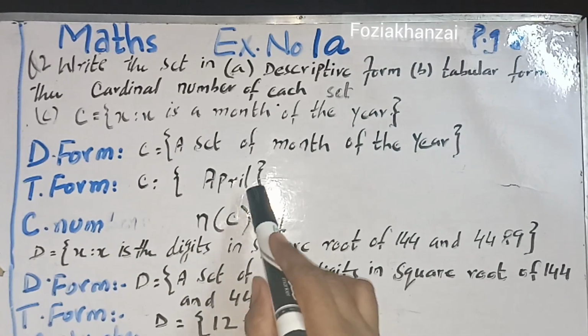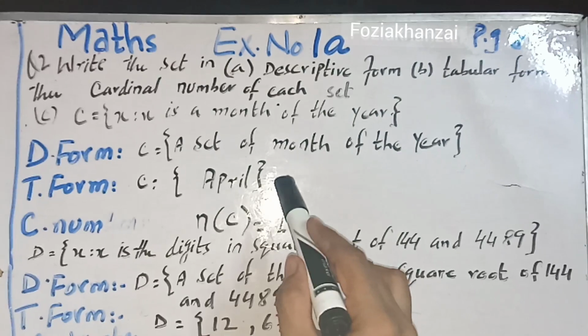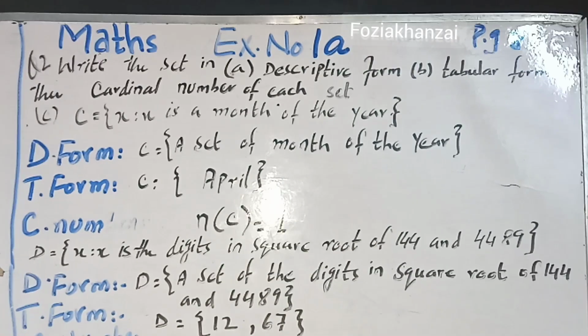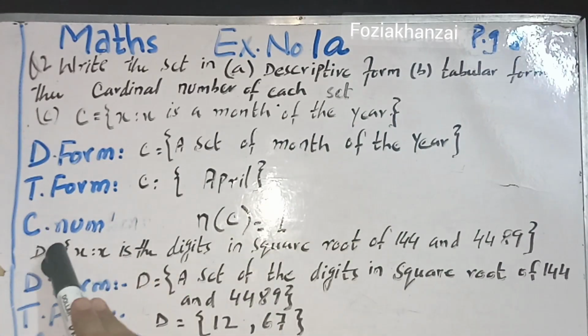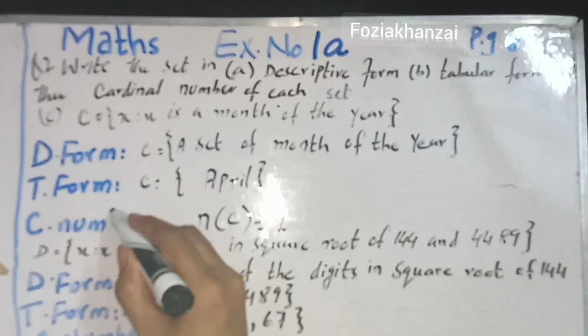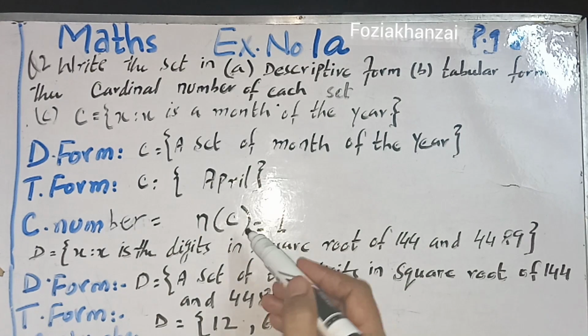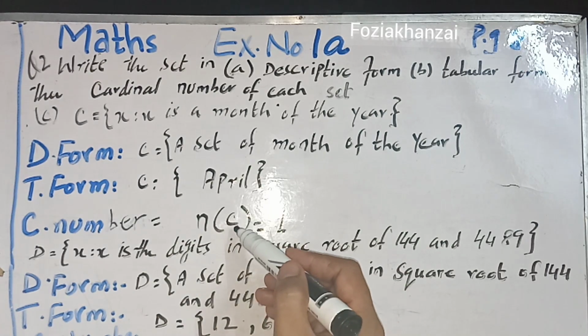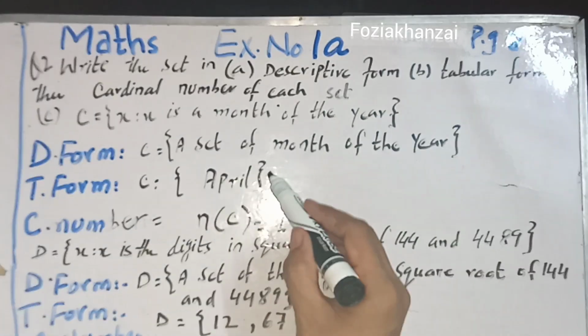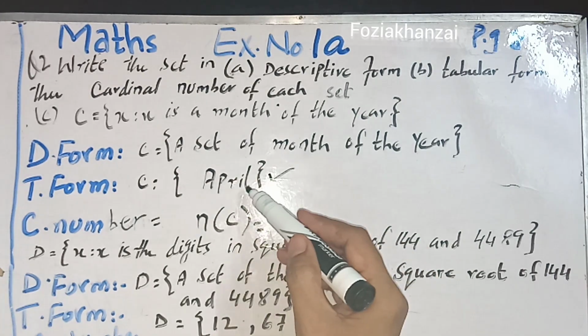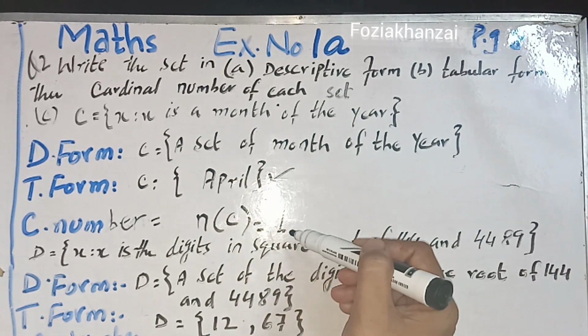It's up to you: write February, April, July, any one name of a month. Cardinal number is denoted by n(C), and in the tabular form we have one element, so we write 1 in cardinal number.